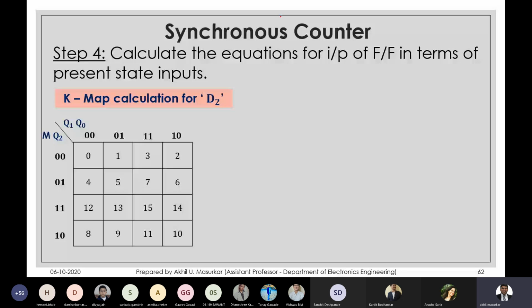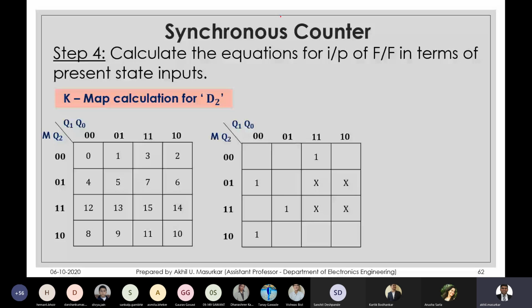It is important to understand that 7 and 6 are don't care and 14 and 15, which were the last 2 states during down counting, are also don't care. The other ones and zeros will come from the other values. But 7, 6, 14 and 15 will always be don't cares in all the 3 K-maps, that is for D2, D1 and D0.